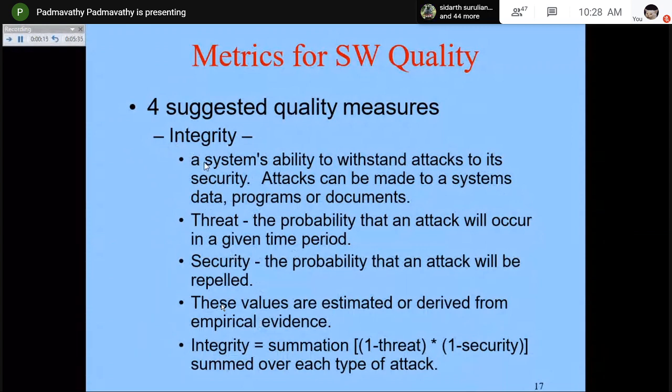It is the system's ability to withstand an attack on its security. If there is any security issue or threat to the system, what is the ability to withstand and overcome the attack, even if someone tries to steal some lines of code from the middle of the software? There is strong security so that no one can access it.